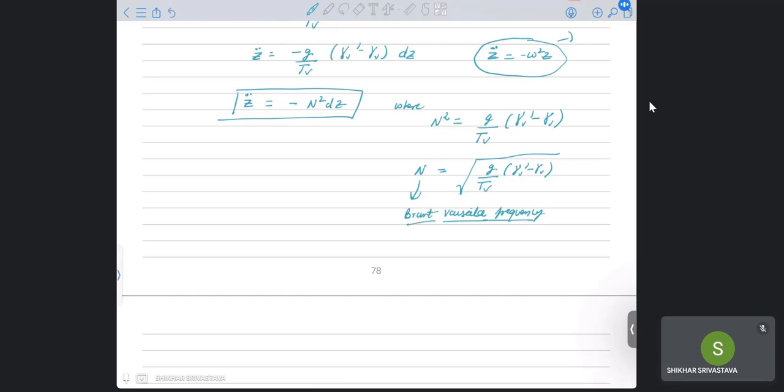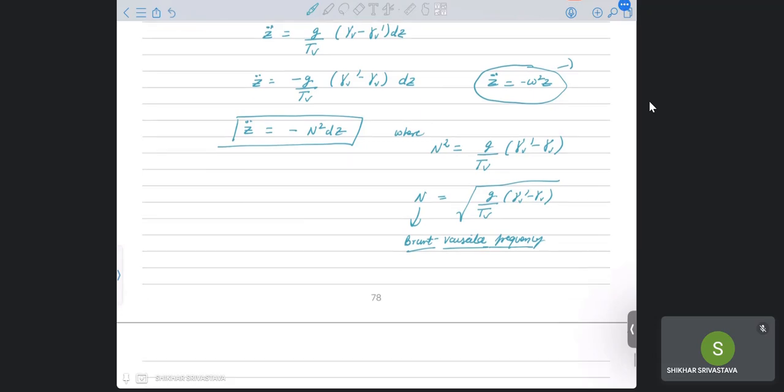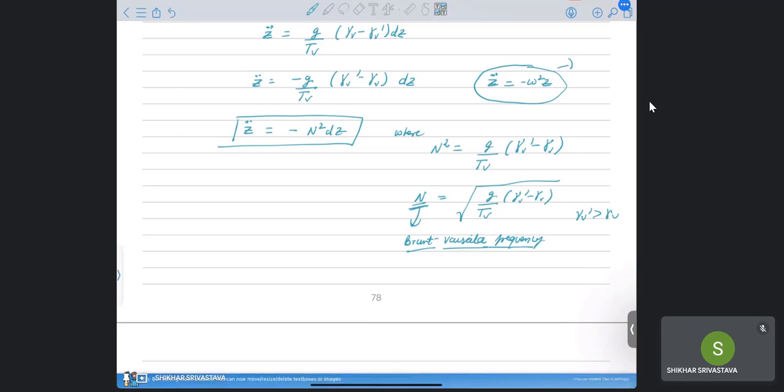It is the frequency with which the air parcel will oscillate about its mean position if it is displaced, because this is a square root value. In this case gamma v dash should be greater than gamma v to get a real value of n. If it is negative, we'll get an imaginary value.